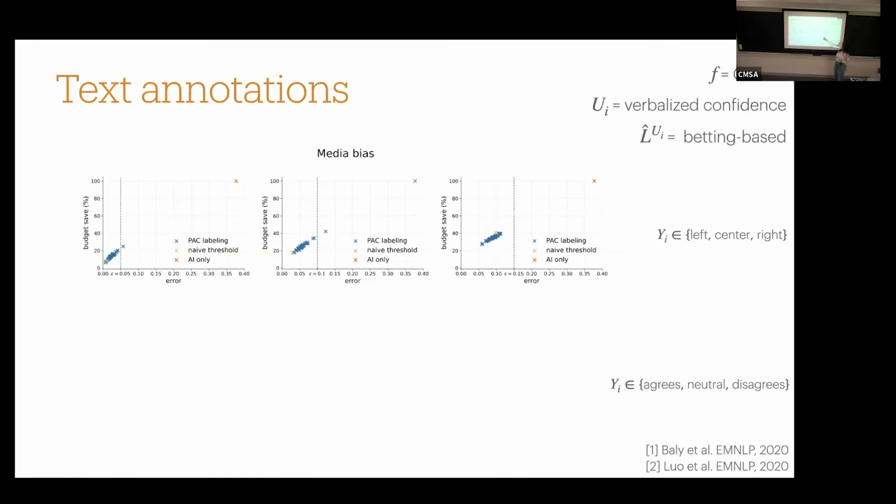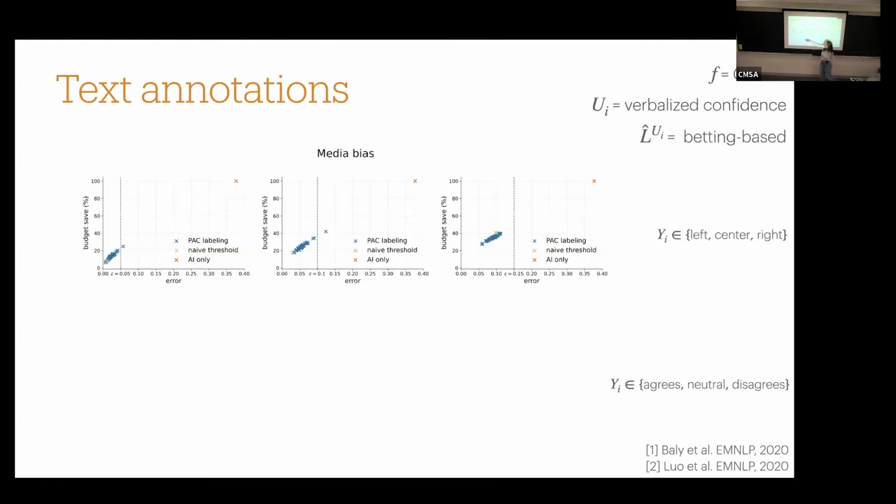And on the x-axis, I'm plotting the realized error. So what is the realized error of our labeling? By the provable guarantee, we know that this realized error has to be below this epsilon line. And here I'm showing you just 50 random realizations.